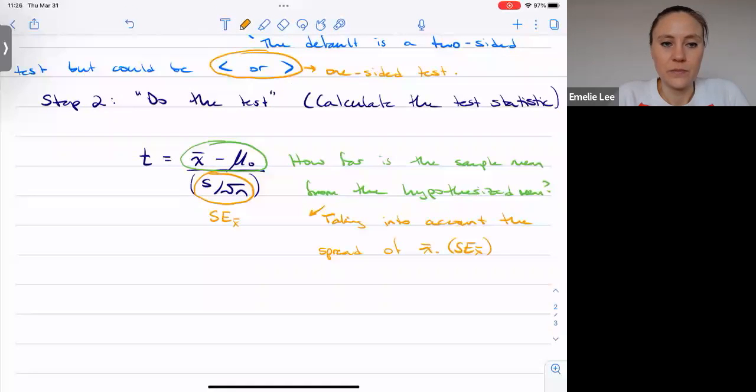We're used to seeing that. That's very similar to a Z-score. A Z-score tells you how many standard errors something is from the hypothesized proportion, for example. And so we're doing the same thing. T does the same thing.